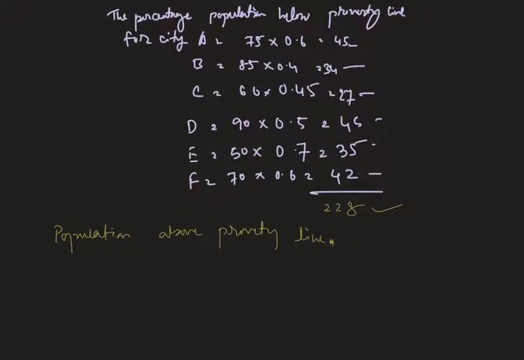Therefore, for city A, we get 75 minus 45, which results in 30. For B, it is 85 minus 34, which results in 51.